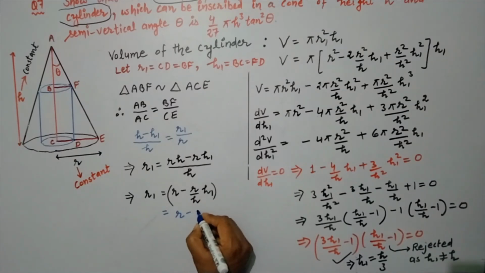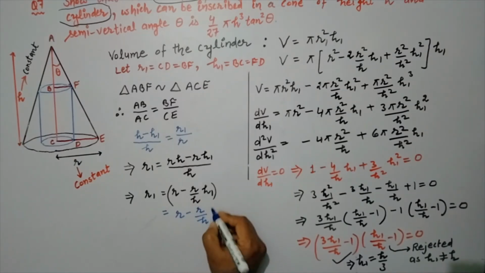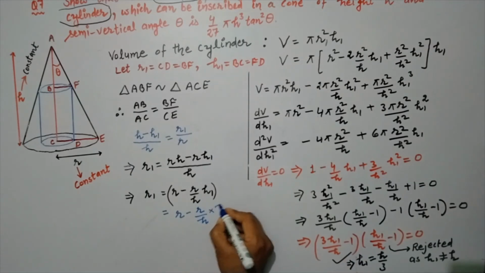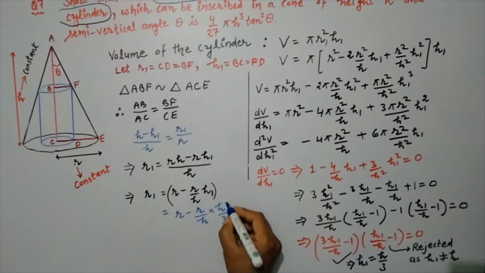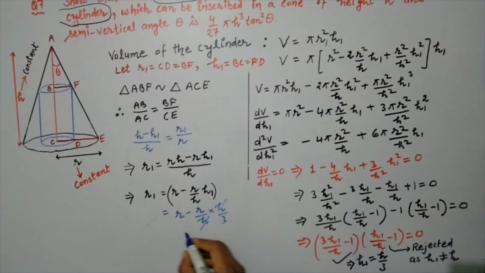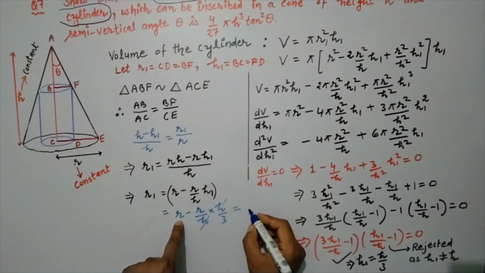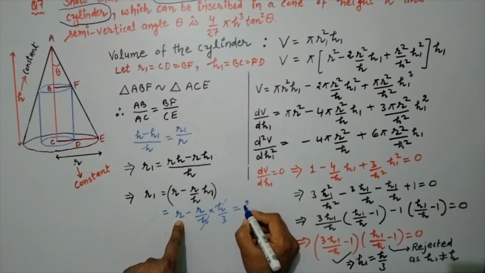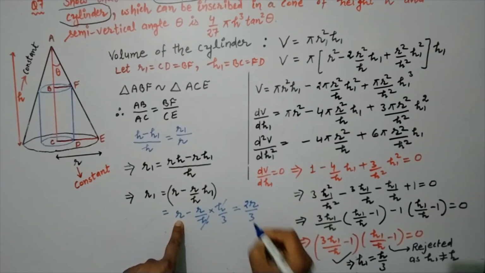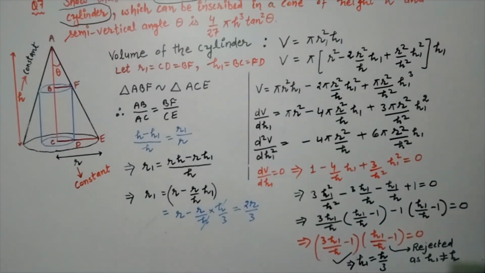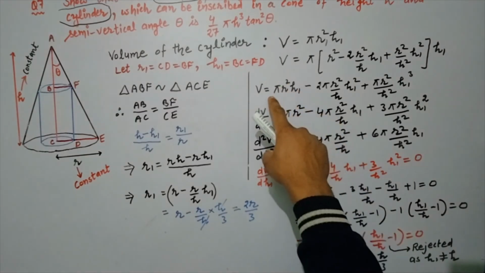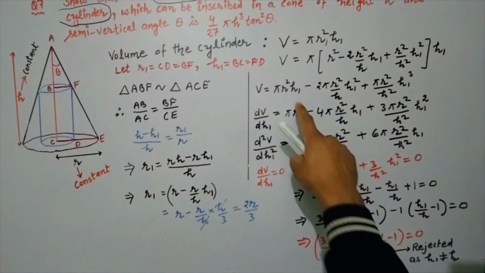Now we substitute this value H1 equal to H divided by 3 here. So R1 becomes R minus R upon H, the H1 value is H upon 3. H cancelled. So this is equal to 3R minus 1R, 2R divided by 3.